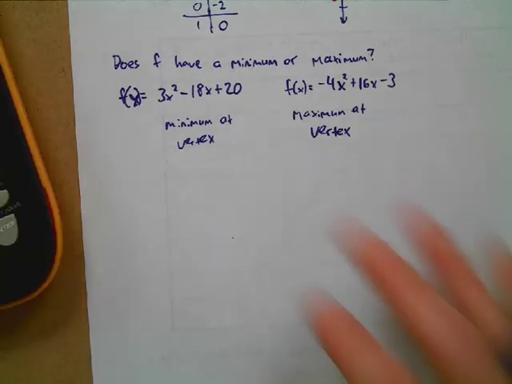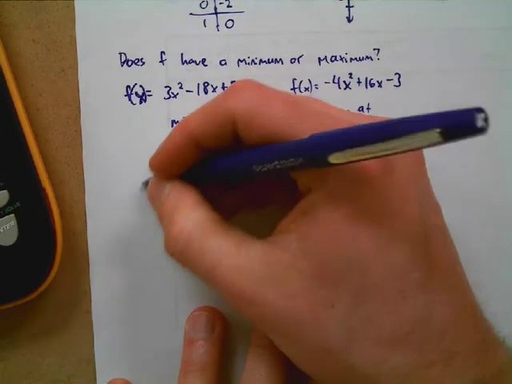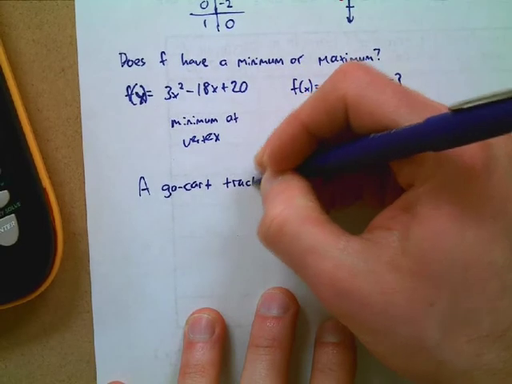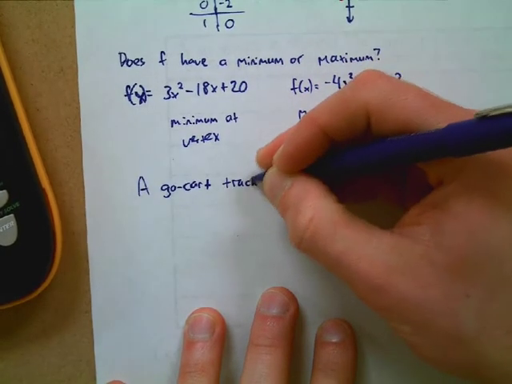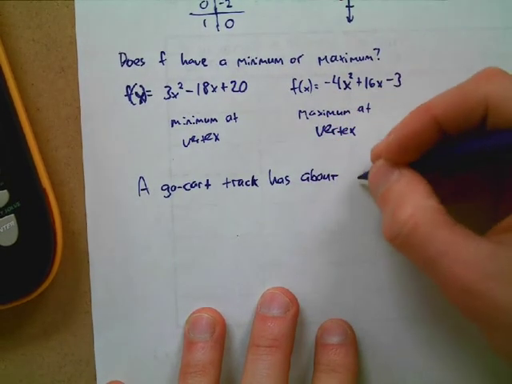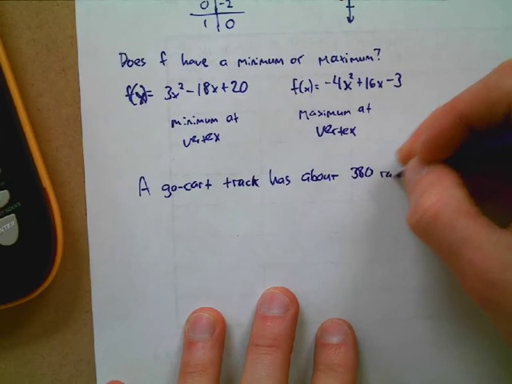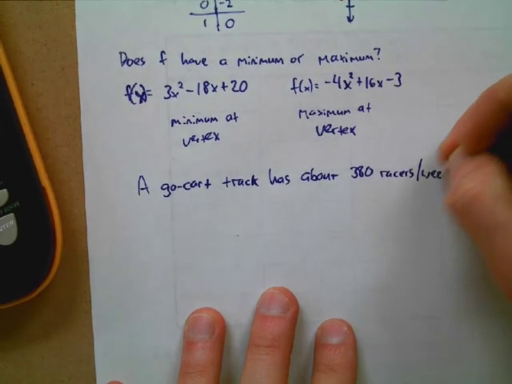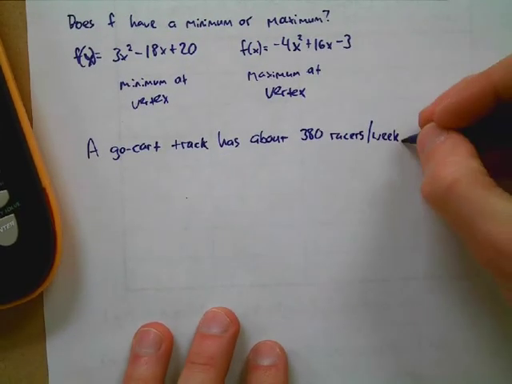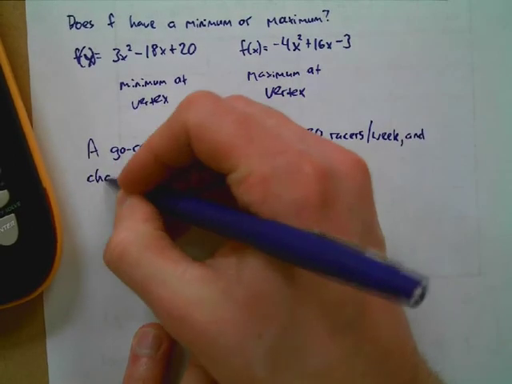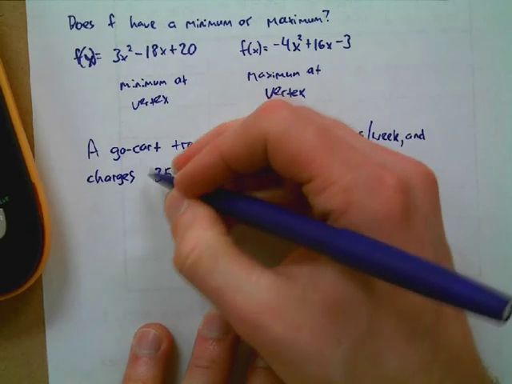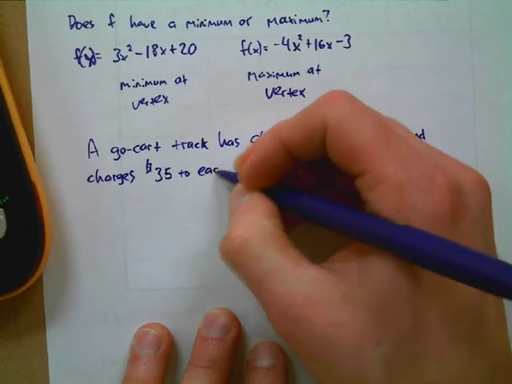Hopefully I'll be able to give you some time to work on this, but let's do this first. A go-kart track has about 380 racers per week, and charges $35 to each racer.